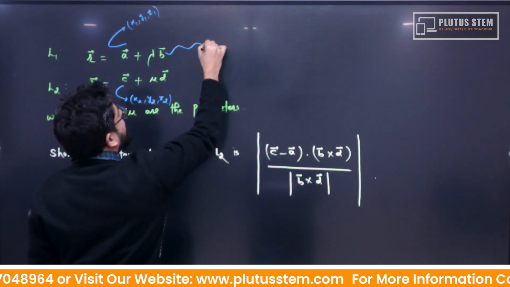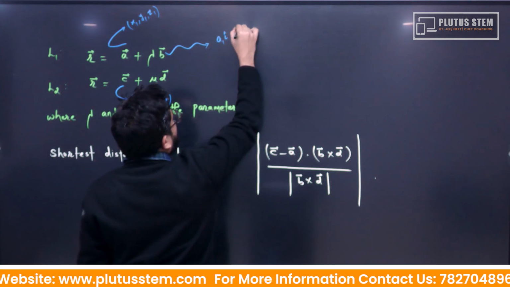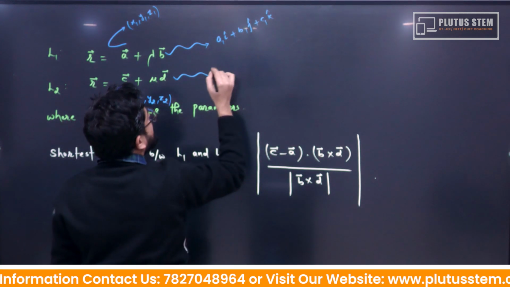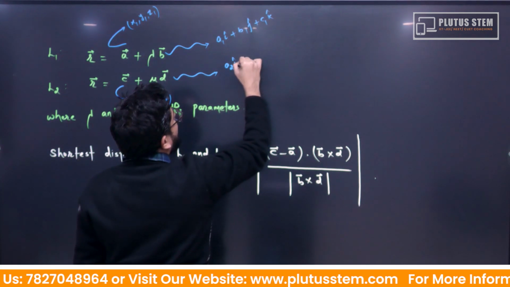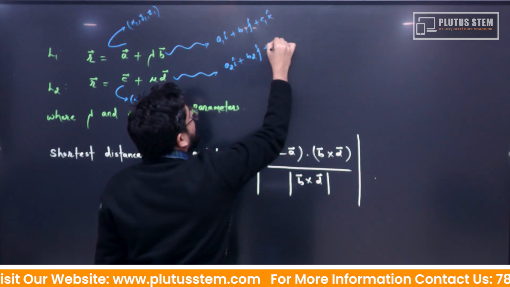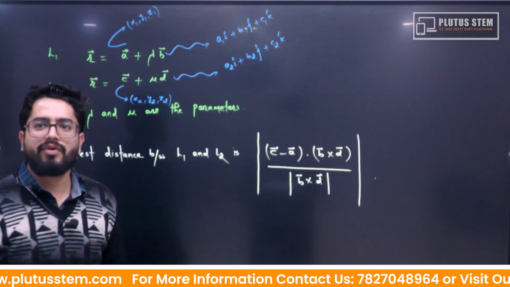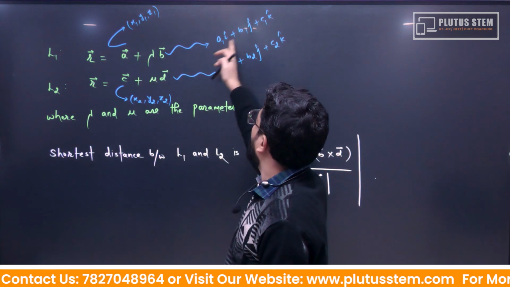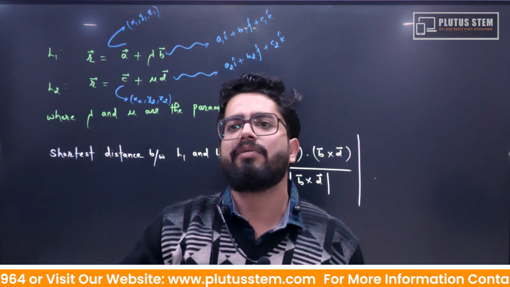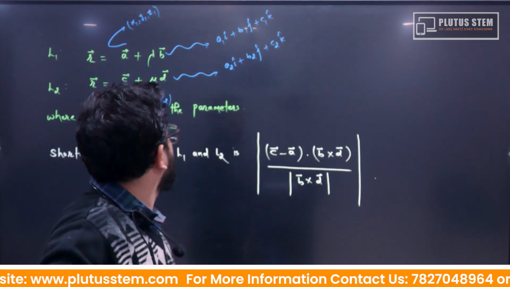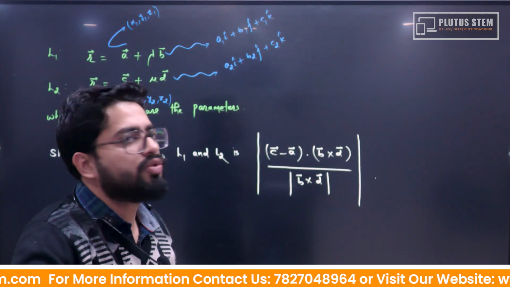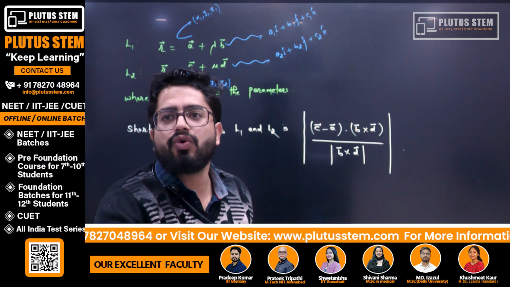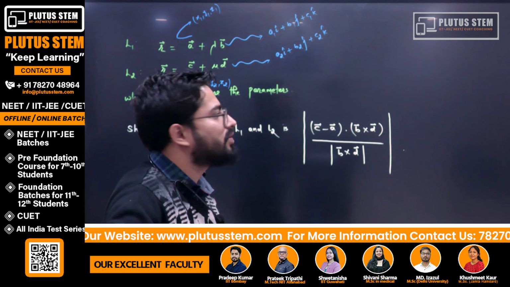The B vector is a1 i plus b1 j plus c1 k, and D is a2 i plus b2 j plus c2 k cap. So line L1 passes through the point x1, y1, z1 and is parallel to the vector a1 i cap plus b1 j cap plus c1 k cap. Similarly, L2 passes through the point x2, y2, z2 and is parallel to the vector a2 i plus b2 j plus c2 k cap.